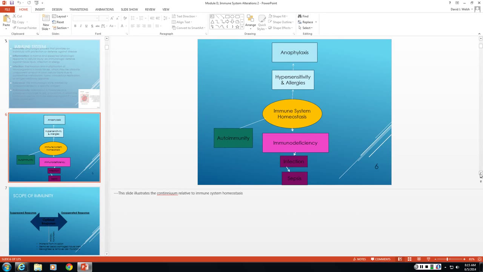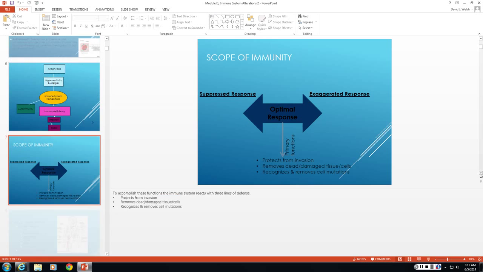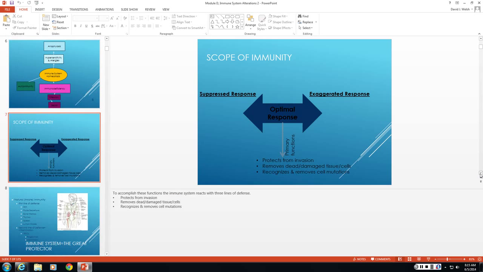Now, on this slide here, slide 6, you're going to see that the slide illustrates a continuum related to immune system homeostasis. Now, for the optimal response for the scope of immunity, you're going to have several different things going on.